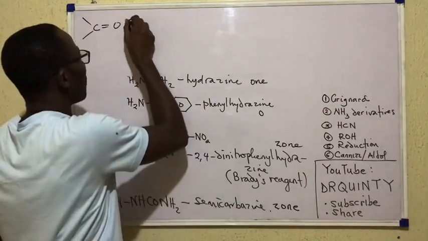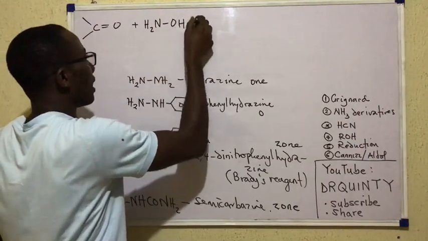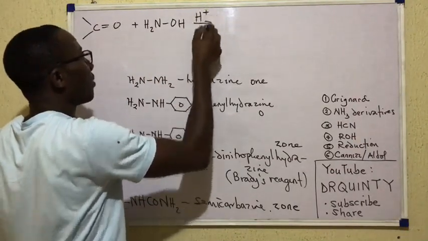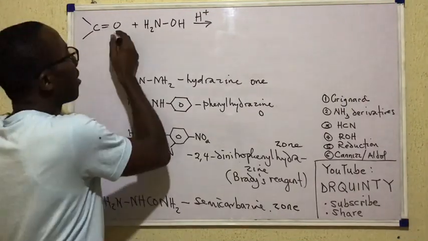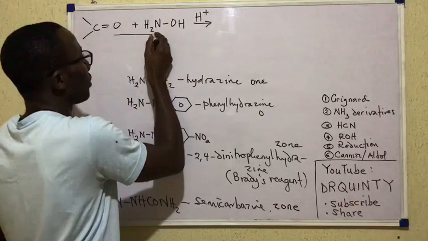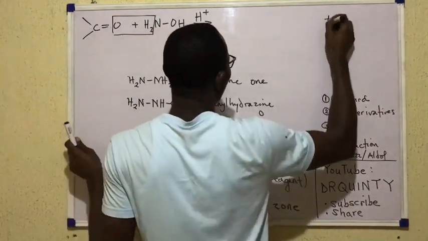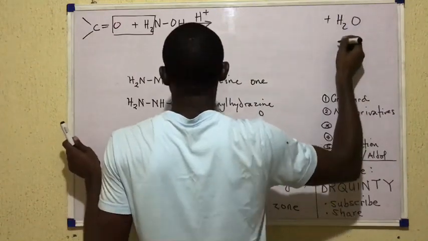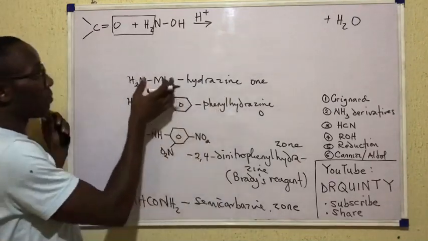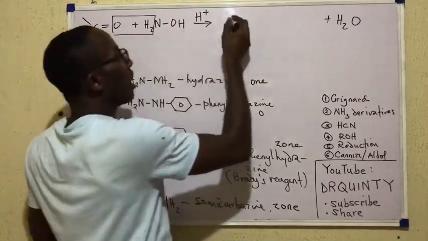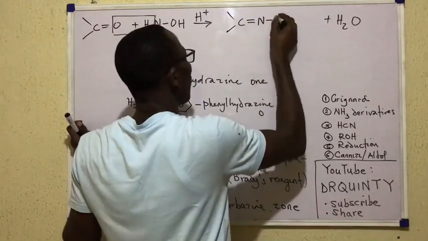So when this carbonyl reacts with H2NOH, that's with hydroxylamine now, so we have H+, the reaction is acid catalyzed. We have H2O from here, so this is H2O being collected from that point. So it means I can write plus H2O already. Then, if I bring everything else together, I'm going to get something that looks like this, double bond NOH.